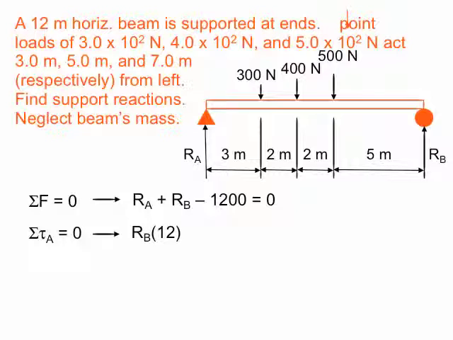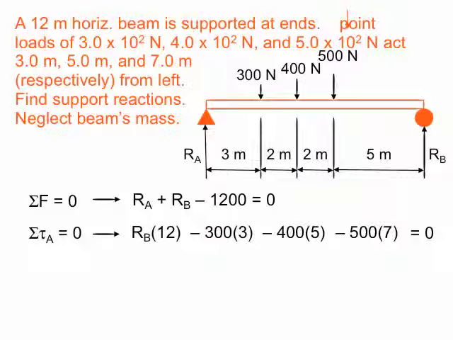So RB at 12, which is all the way at the distance. Remember, it's going to react, and RB's reaction will affect RA. So you've got the 300 at 3 minus the 400 at 5 minus the 500 at 7.